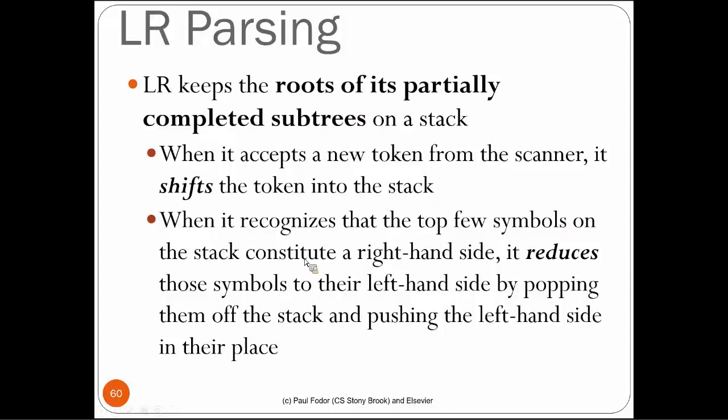It shifts the tokens onto the stack. When it recognizes that the top few symbols on the stack constitute a right-hand side, it reduces those symbols to the left-hand side of the production rule by popping those symbols from the stack and pushing the left-hand side of that production rule onto the stack in their place.